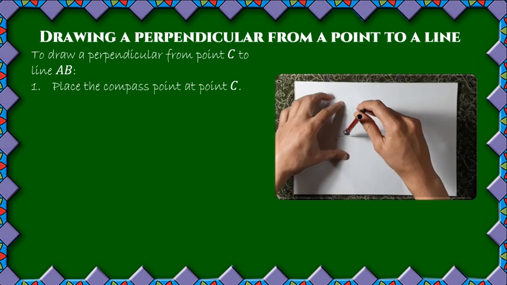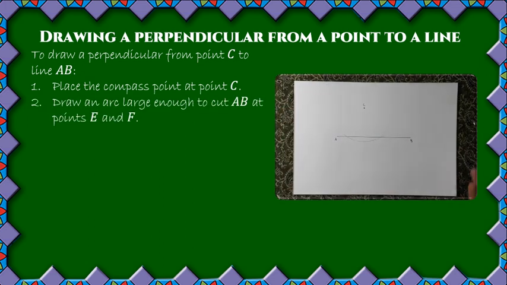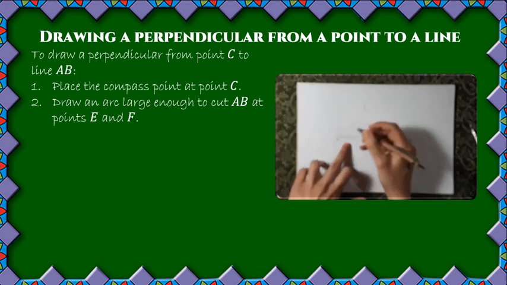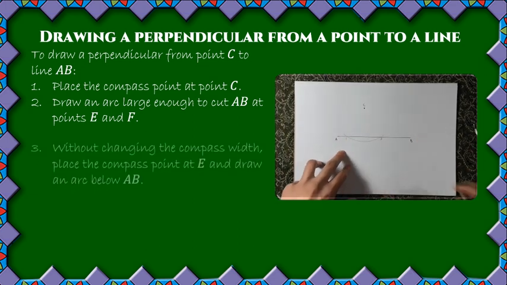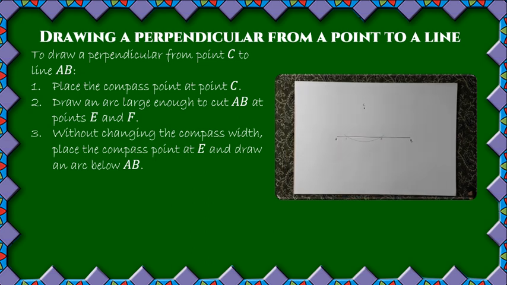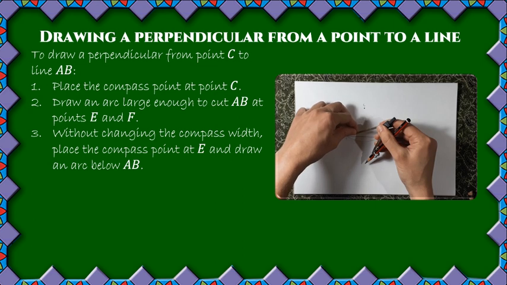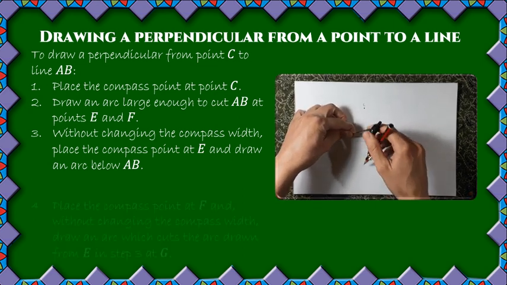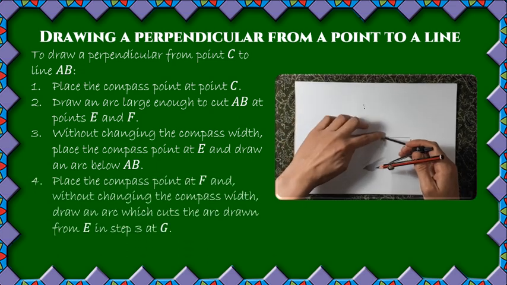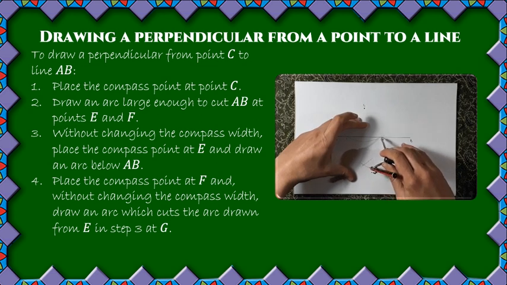We place the compass point at point C. Draw an arc large enough to cut AB at points E and F. Then without changing the compass width, place the compass point at E and draw an arc below AB. Then place the compass point at F and without changing the compass width, draw an arc which cuts the arc drawn from E in step 3 at G.